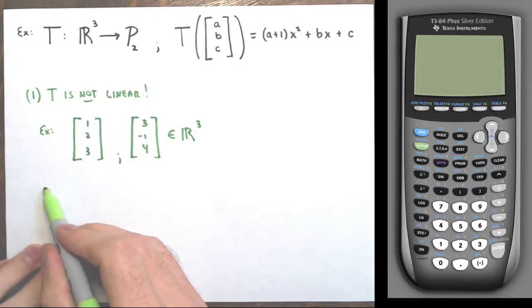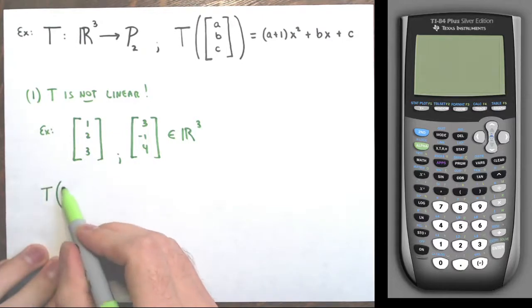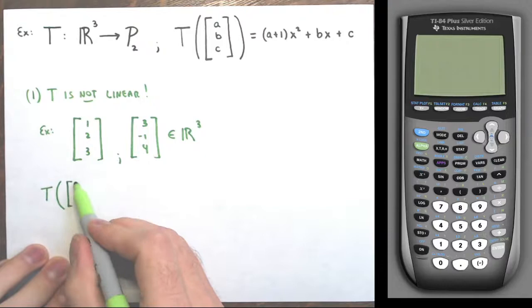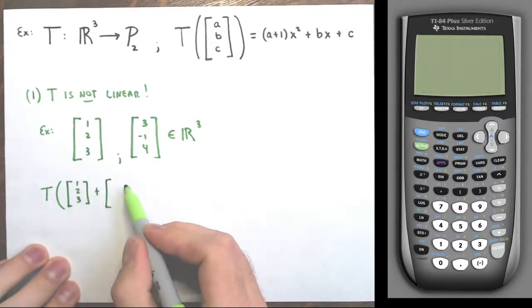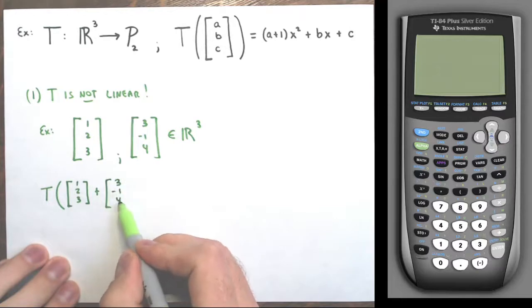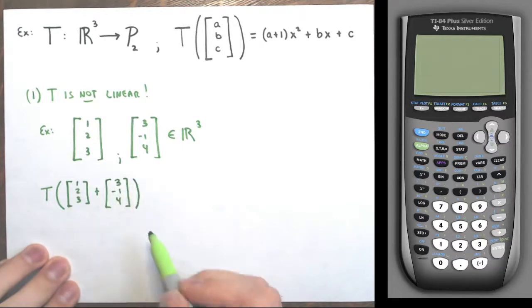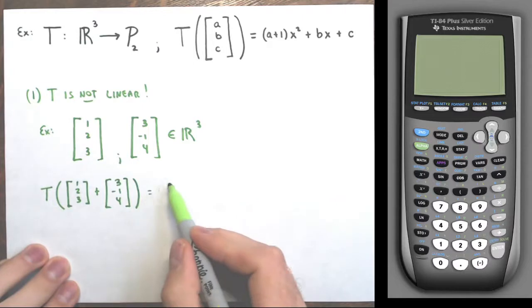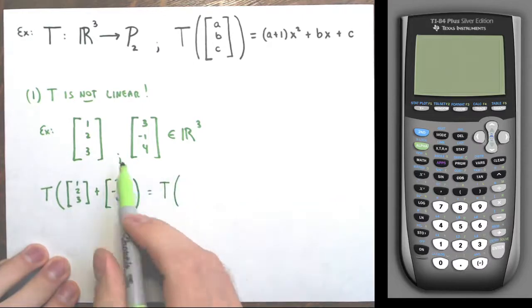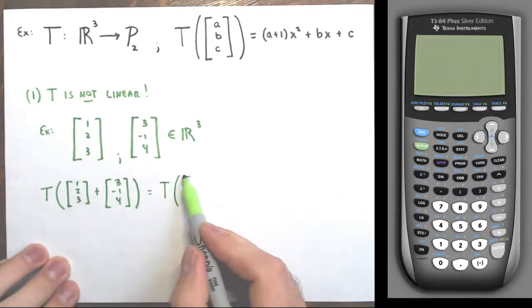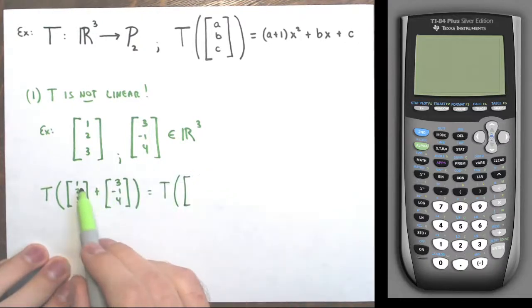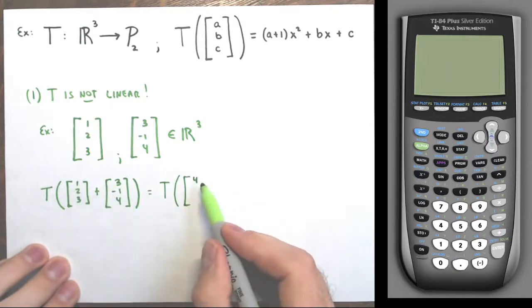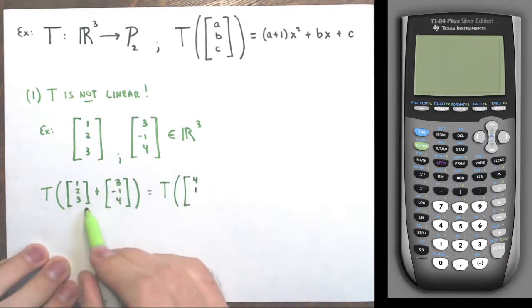So let's see, what is T applied to the sum of those two? I'm checking to see if the additivity property holds for just this pair of vectors. If I add these two first, again using standard operations, nothing crazy, just the usual vector addition and scalar multiplication: 1 plus 3 is 4, 2 plus negative 1 is 1, 3 plus 4 is 7.